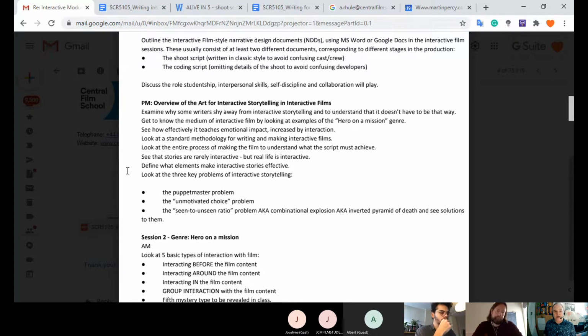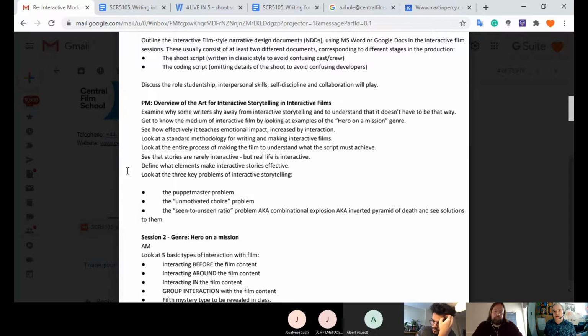In the course of this, we will see one key principle, and if there's only one sentence you remember from this course, this is the sentence to remember. Stories are very rarely interactive, but real life is always interactive.